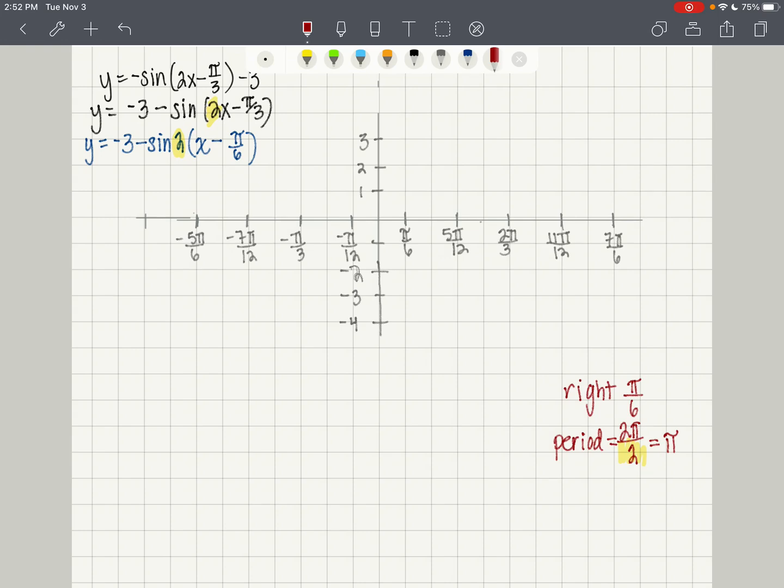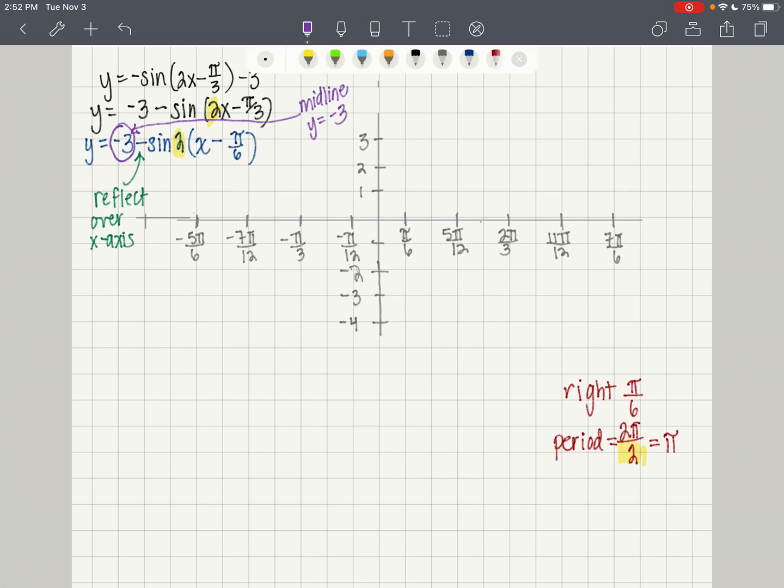And then we have this negative right here, that's a reflect over the x-axis. And then we have this negative 3 right here, and that is where our midline is going to be. It's going to drop down to y equals negative 3.